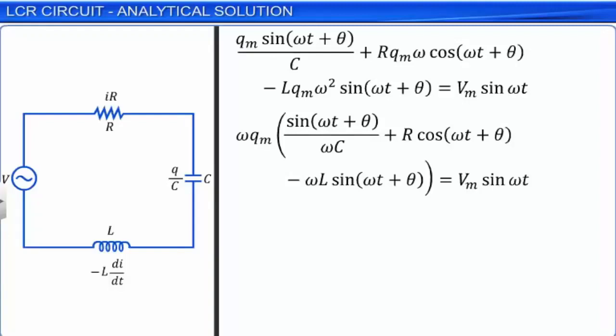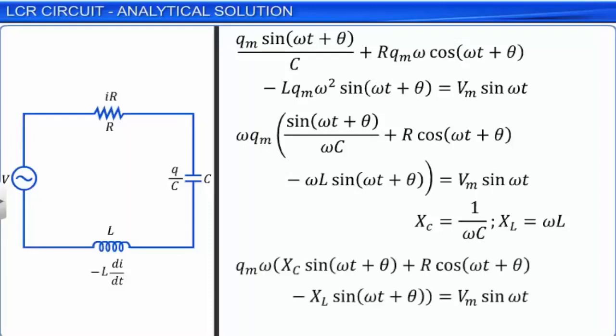Since capacitive reactance Xc is 1 by omega C and inductive reactance XL is equal to omega L, we can write the above relation as omega Qm into [Xc sin(omega t plus theta) plus R cos(omega t plus theta) minus XL sin(omega t plus theta)] equal to Vm sin omega t.